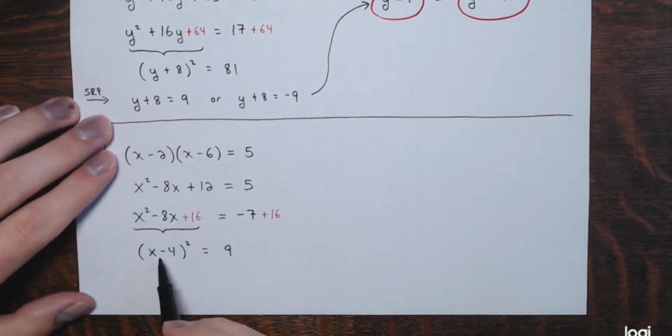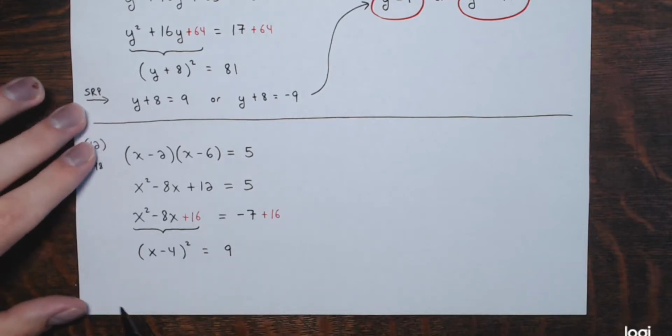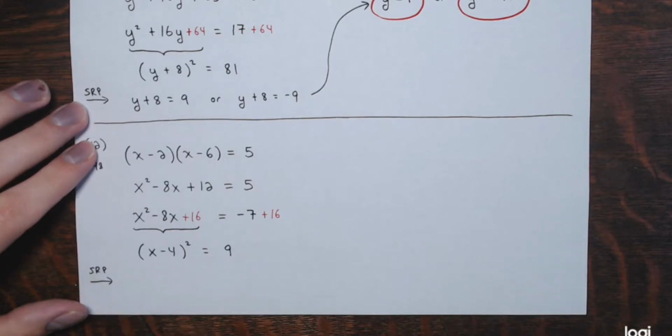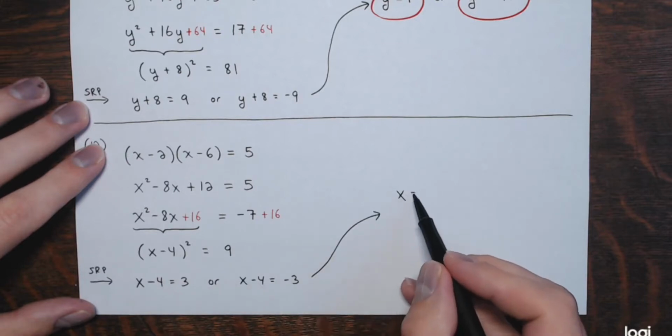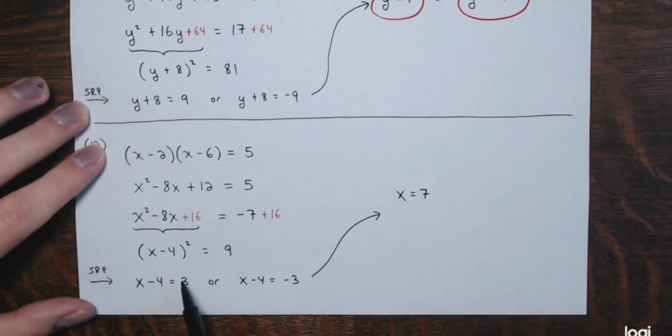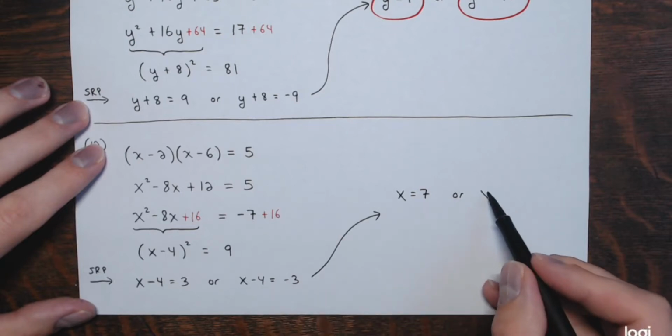And now I have something squared equals a number. I can apply the square root property, SRP. So either x minus 4 is 3, the square root of 9, or x minus 4 is negative 3, the opposite of that. And we can easily solve these by adding 4 to get x alone. So the first one, you get x equals 7, 3 plus 4, and then negative 3 plus 4 is 1.